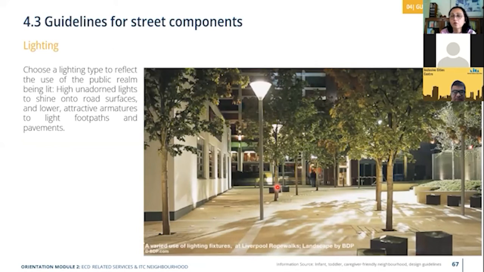Another component for a safe street could be lighting. How do you choose lighting? On most of the streets we see that the lighting is meant for only traffic, so the poles are very tall. Sometimes they are also much brighter and create a glare and discomfort for people to walk. So while planning the lighting component, what needs to be understood is that there should be no shadow zones or dark spots, as they are called, so that there is even lighting and it is well lit.